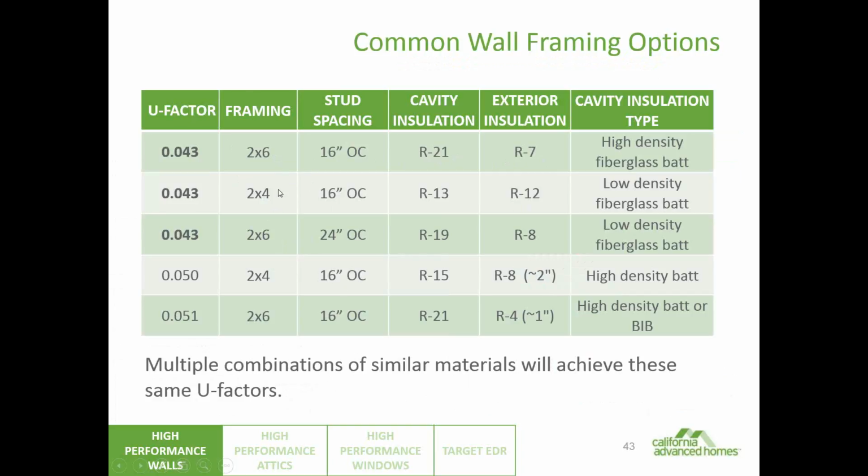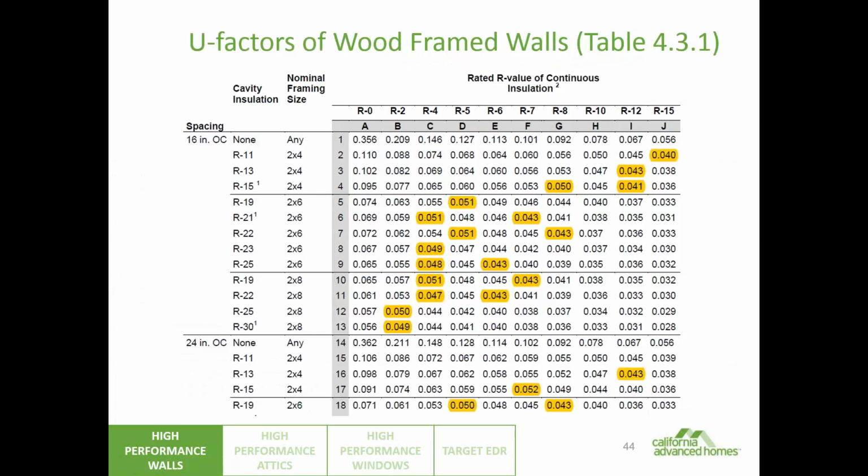Other ways to do this is, you're going to be going to a 2x8 or some other wall assembly. So this is just straight out of the reference appendix, 0.043s on here and better, so anything to the right of these. I don't show a lot of this table, but you can look it up and see what other wall assemblies would work in your climate zone, and it all depends on your climate zone, right?